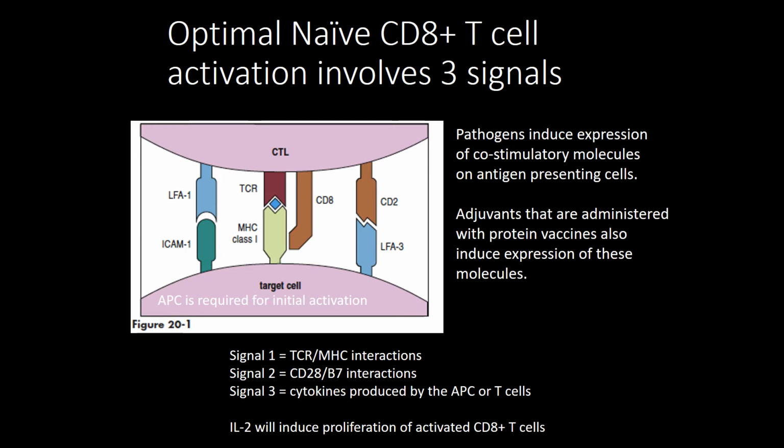And then signal 3, to make an optimal activation, is cytokines that are produced by the antigen-presenting cell or other T cells. T helper cells, for example, will help activate those cells. And interleukin 2 will induce proliferation of activated CD8 positive T cells. So let's go through this in a little more detail.